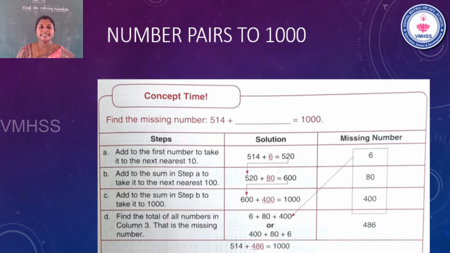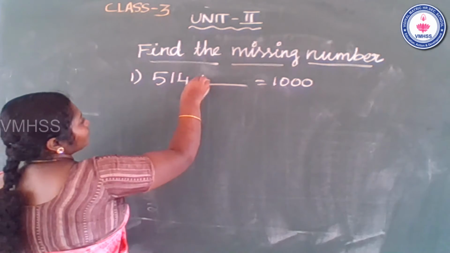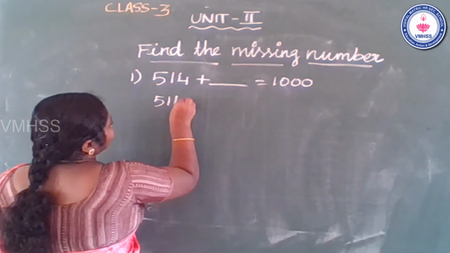Okay, students. So first sum, 514 plus dash equal to 1000. Okay, students, this is a very interesting sum. So see carefully. Find the first nearest 10.